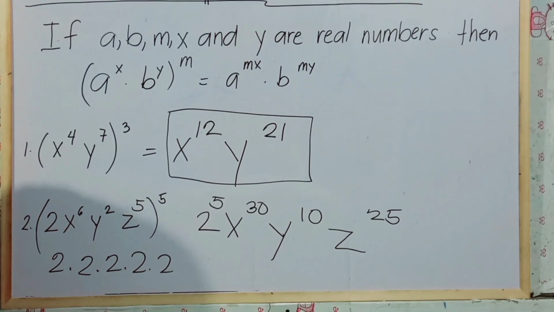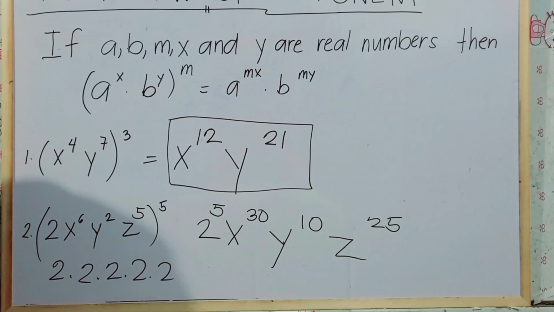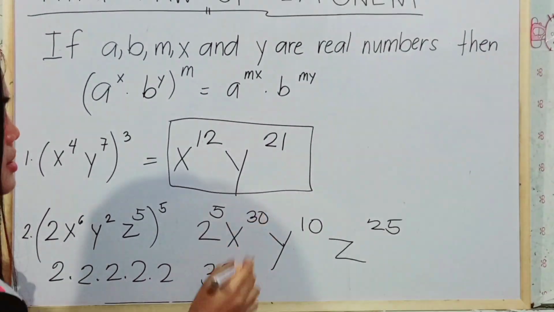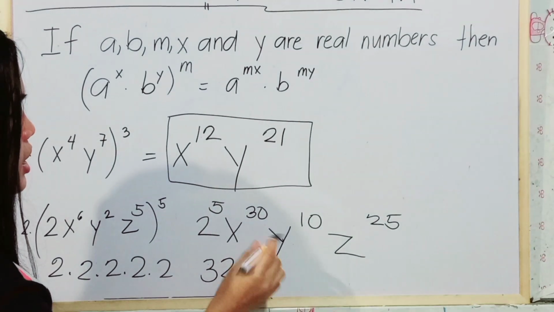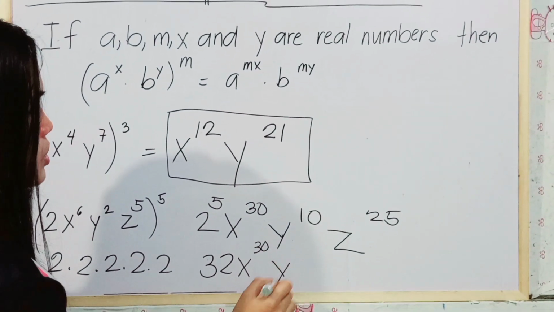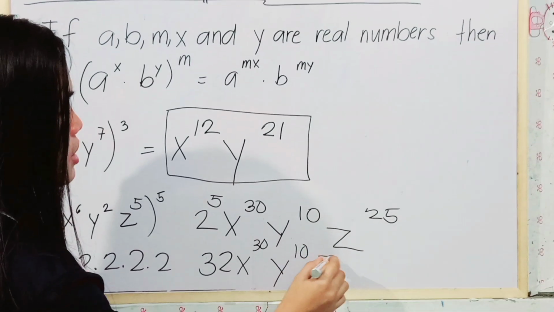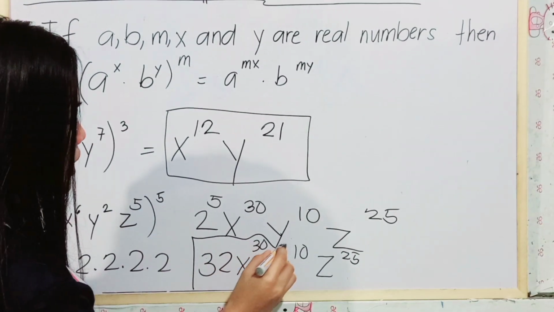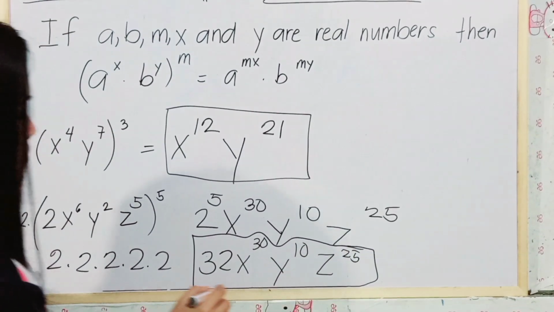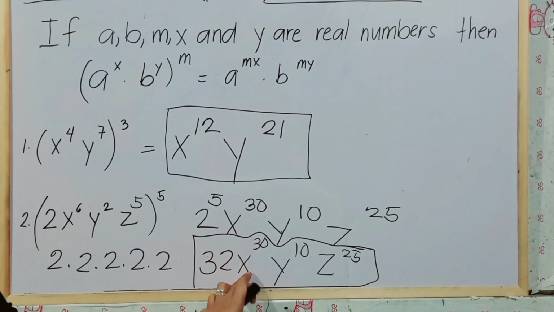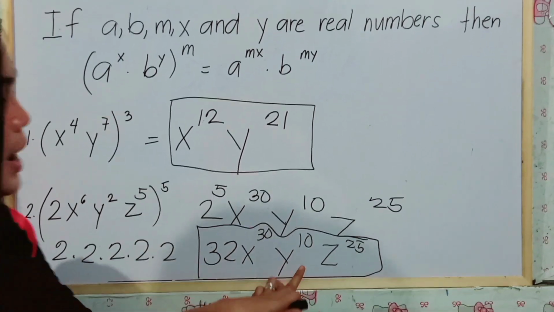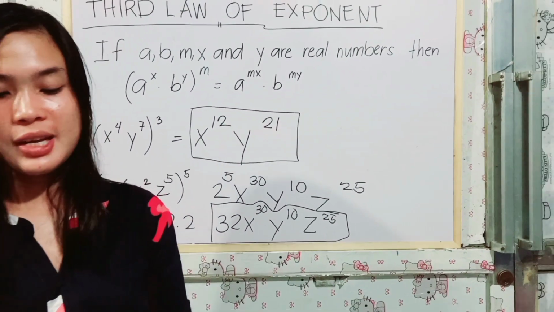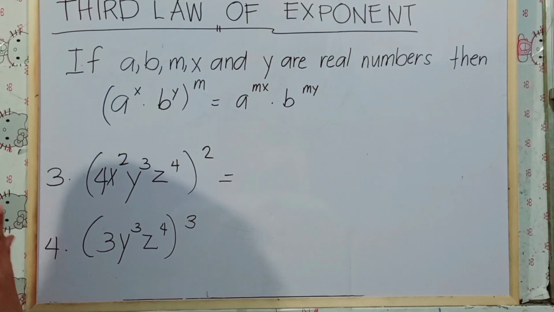And 16 times 2 is 32. So we have here 32, copy x raised to the power of 30, and then y raised to the power of 10, and z raised to the power of 25. So this is our final answer: 32x^30 y^10 z^25. Okay, so we will continue.